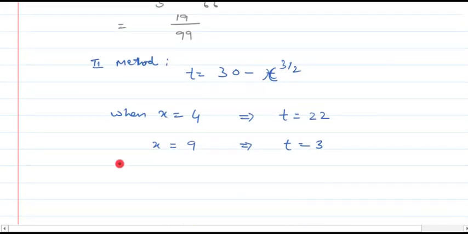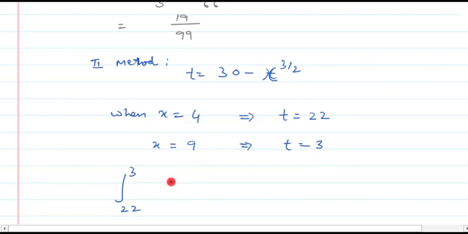Now we can directly write the integration over the limits 22 to 3. Instead of 4, we are taking 22, and in place of 9, we are taking the value of t as 3.